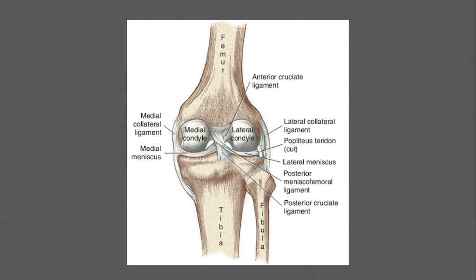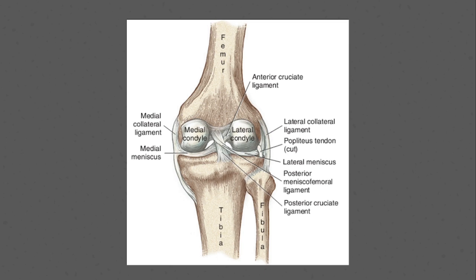The LCL, the lateral collateral ligament, connects the lateral condyle of the femur to the head of the fibula, as presented in this photo. Also, the MCL prevents knee valgus, while the lateral collateral ligament prevents knee varus.